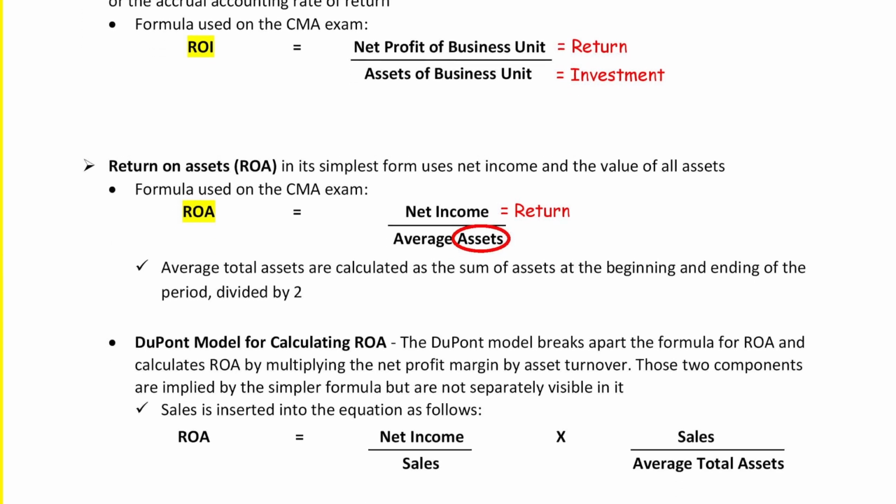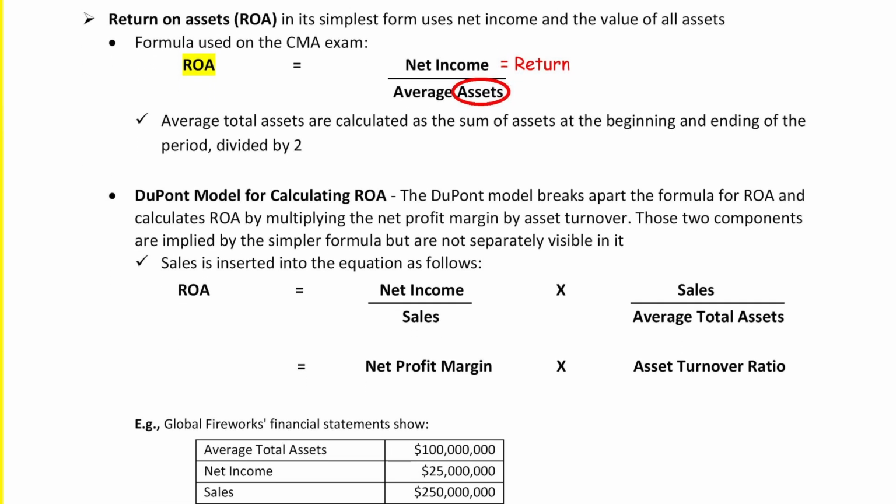Now to calculate ROA, we often use the DuPont model. Looking at the model, highlight ROA, that's equal to, highlight, net profit margin multiplied by asset turnover ratio. Net profit margin is net income divided by sales. Asset turnover ratio, we know turnover ratio means turn it over, so assets are going to be in the denominator and sales in the numerator.